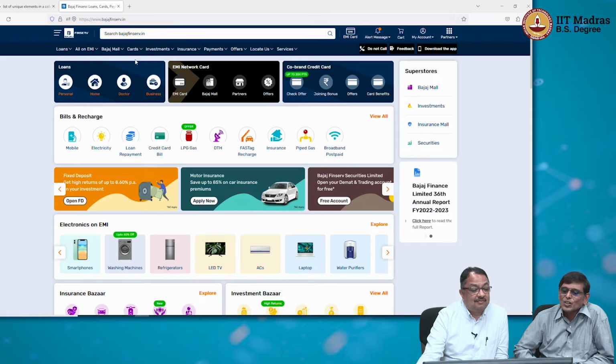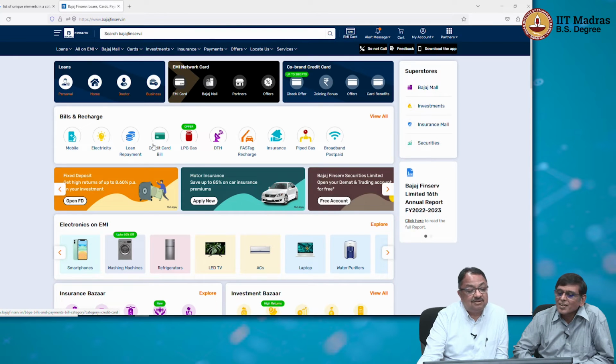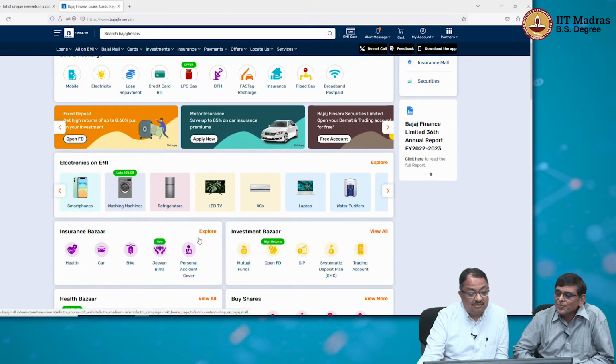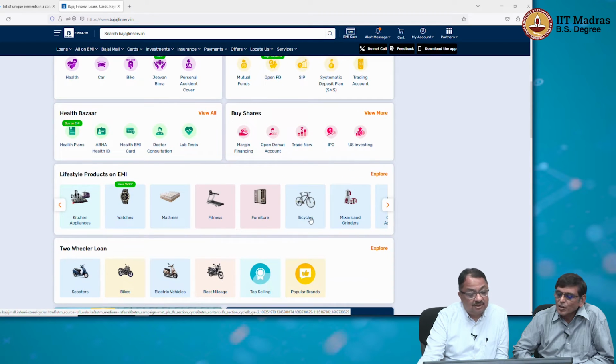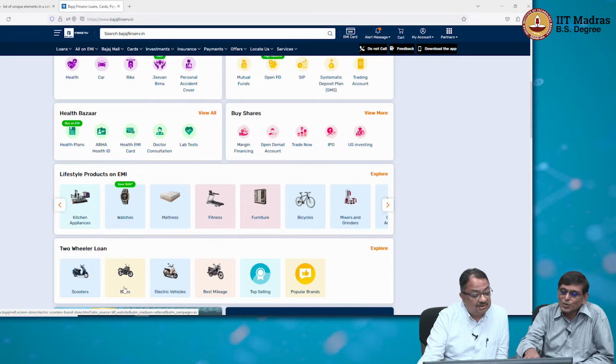What does it show? Is two-wheeler there? Yeah, I think it is there. Bicycles, two-wheelers. Yeah, two-wheelers.